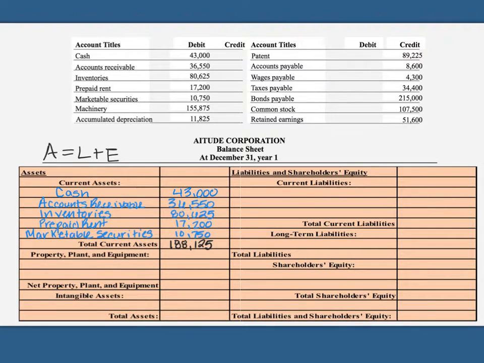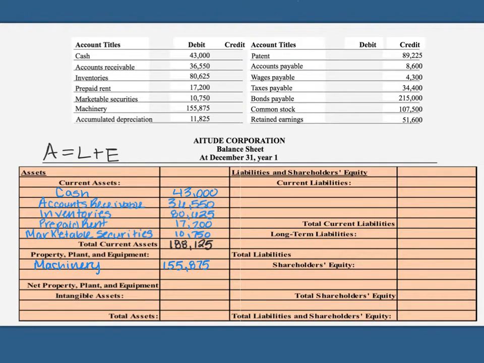So moving on to our property, plant, and equipment. First thing we're going to have for that is machinery. So we'll plug in machinery. So we consider machinery equipment. And that's going to be for $155,875.